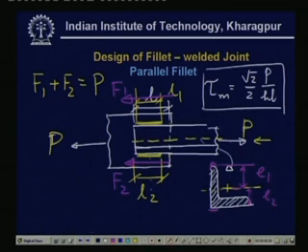So, now we have to select L1 and L2 in such a way that the resultant of F1 and F2 passes through the application of P, and normally we apply the load which passes through the sectional centroid of this member. So, now we have another condition, that is, if you take moment about this axis, F1 times E1 will be equal to F2 times E2.